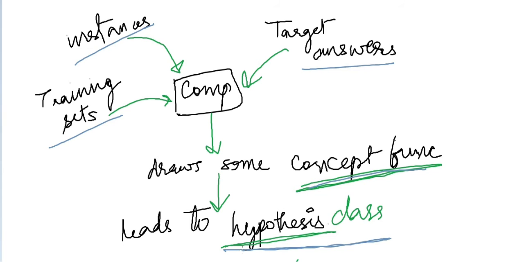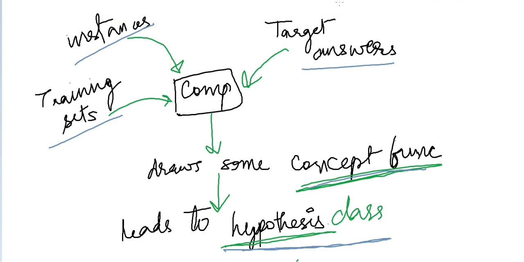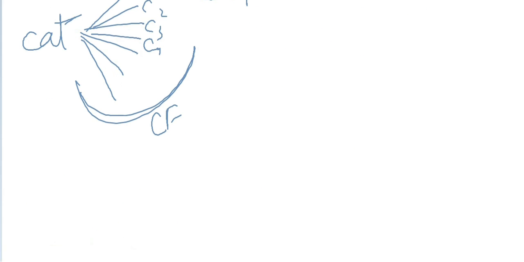So what about sample and training sets? The machine is given some input and output sets. Training sets, if I talk about the same speech recognition app, are basically the input and output sets, right?